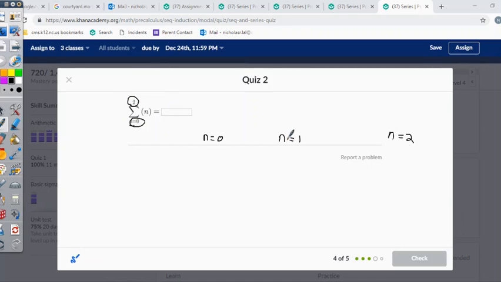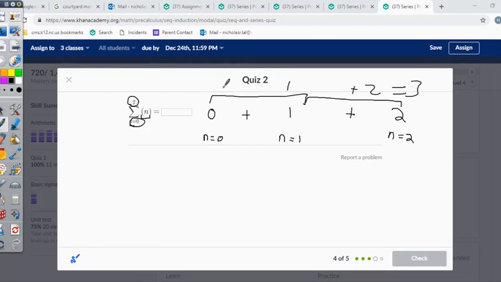So when n equals 0, our explicit form is 0, plus n equals 1, 1, plus n equals 2, 2. And then we stop. So 0 plus 1 plus 2 equals 3.